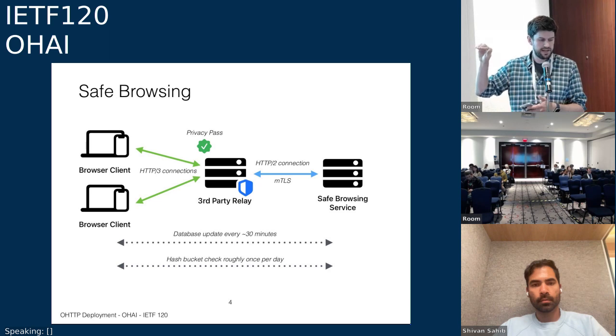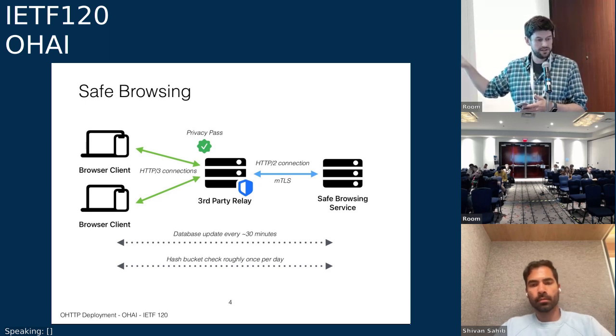And then there's a set of long-lived HTTP 2 connections that are mutually authenticated with TLS between the relay and the OHTTP gateway, which is also where the safe browsing service target is.